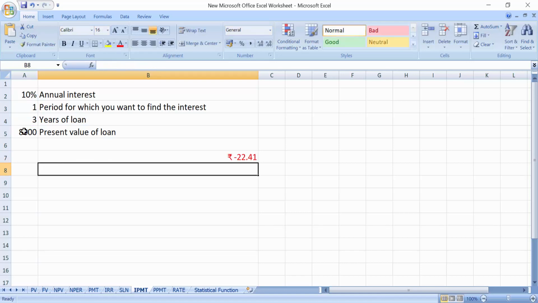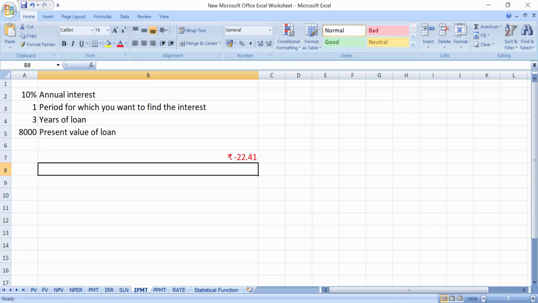So answer is -22.41. So interest due in the first month for a loan with the term above is -22.41.